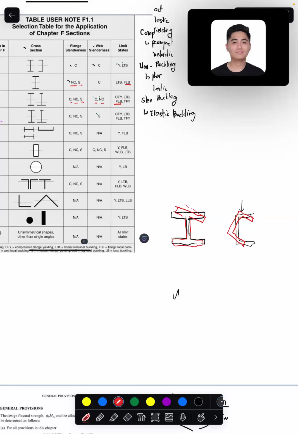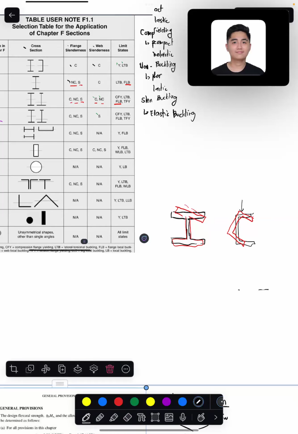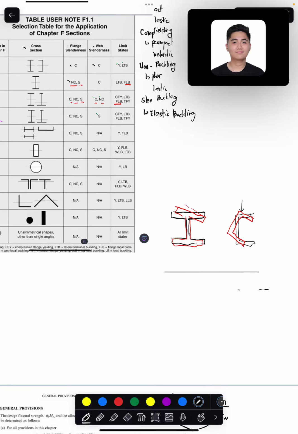So, what happens here is, if iti-check natin halimbawa yung original na state, i-draw lang natin yung beam. Try ko mag-draw muna ng straight line para malinaw. Then, ito gagawin ko na lang dash. So, meron kang ganyan.